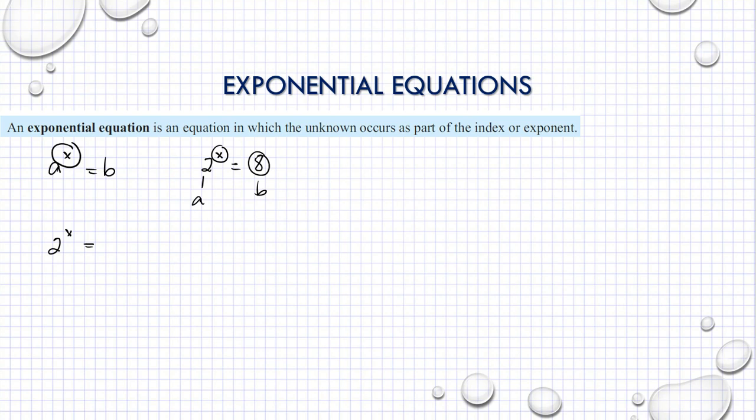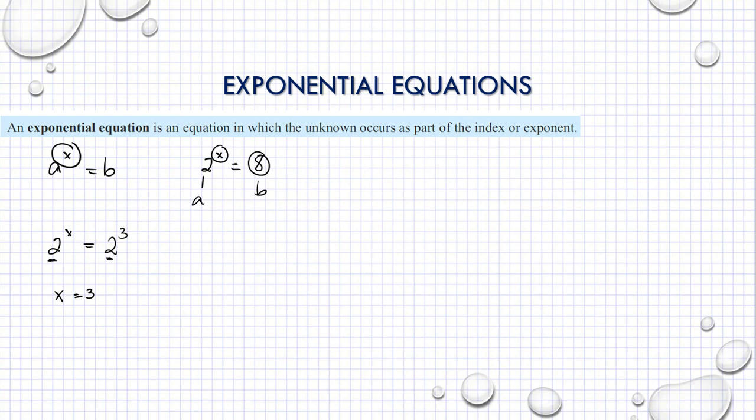But for this one, if you can simplify the b so that it has the same base as your a, then it will be alright to solve. For example, 8 is 2 raised to 3. So if they have the same base, then you can equate the exponents: x is equal to 3.